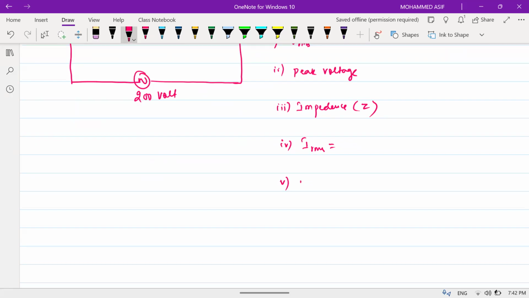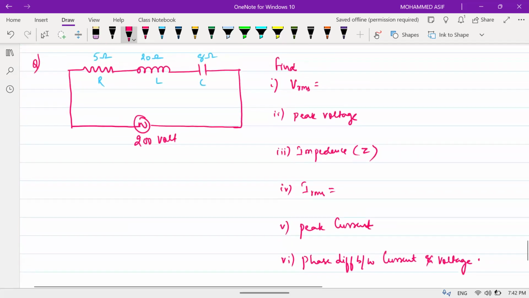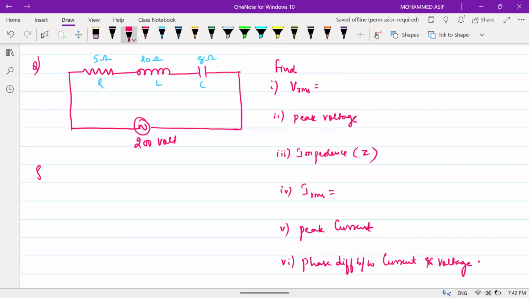Next one is peak current. The next one is phase difference between current and voltage. This is the question. This is a given diagram.